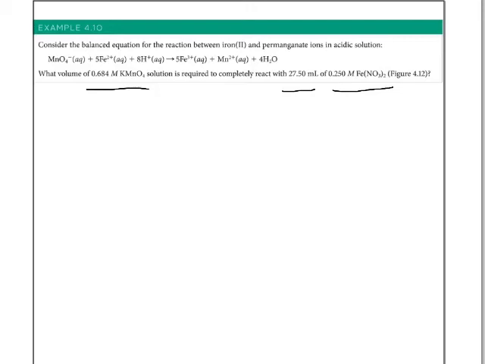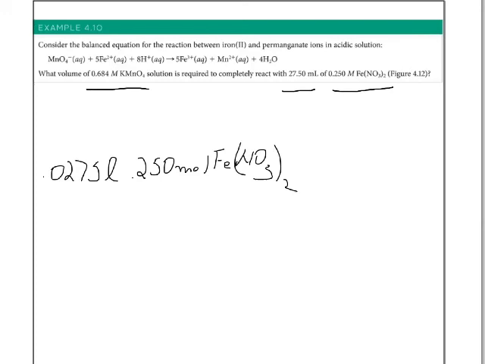Okay, let's start with the volume of the iron 2 nitrate. So over here I will first write 0.0275 liters, and I changed the milliliters to liters. And next I will put down the molarity of the iron nitrate. So 0.250 moles of iron 2 nitrate per liter.